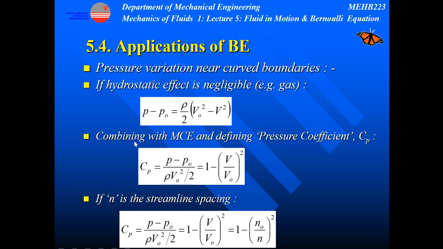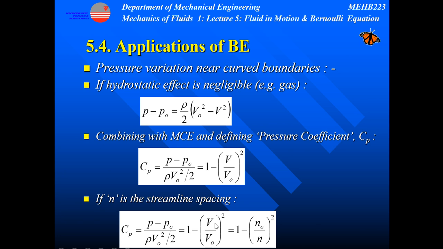Okay, if you combine this equation with the mass conservation equation, you should get this equation, and it will give you the pressure coefficient. Instead of using this, you can also use this equation, which is the velocity difference, the ratio of velocity on the body divided by velocity before, or in the streamline.